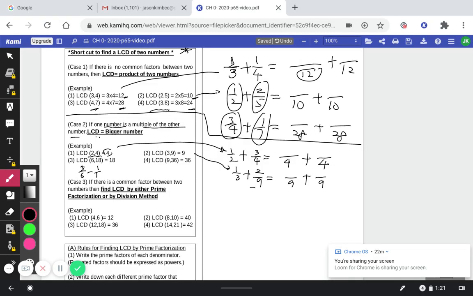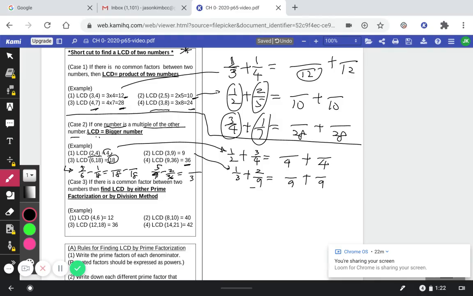Minus 1/18. They want you to convert each one in terms of 18 because 6 goes into 18 completely. So they want to express in terms of 18 and then simplify them. When the LCD of 9 and 36 becomes 36, let's say 5/9 minus 2/36.